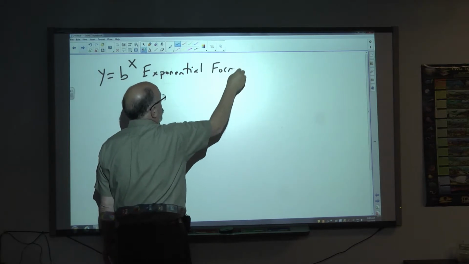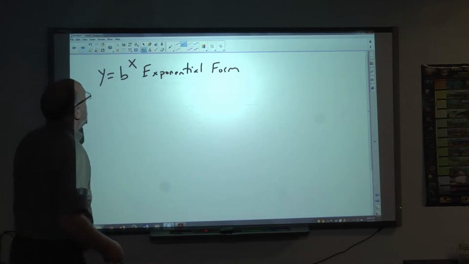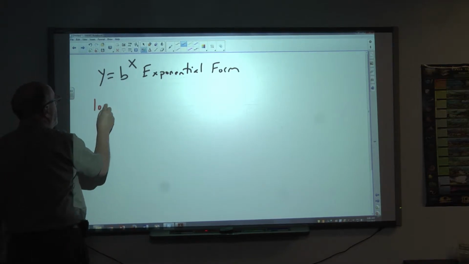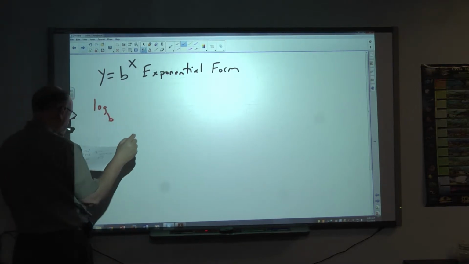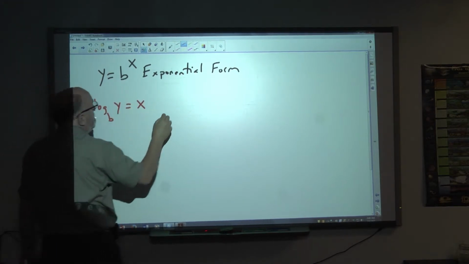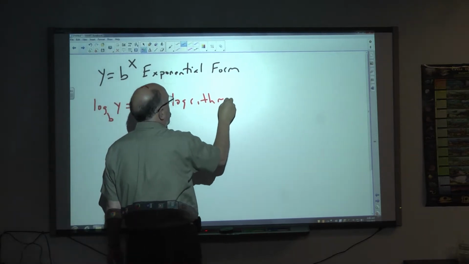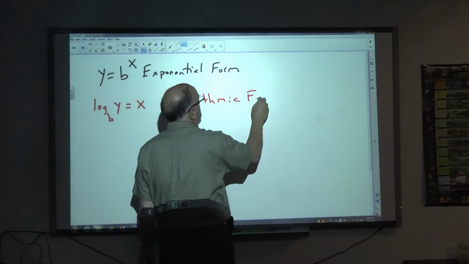And then you need to be able to convert back and forth between exponential and logarithmic form. So log base b of y is x. This is the logarithmic form.